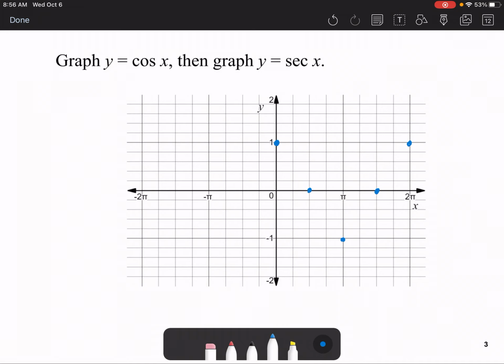Again, we copy the shape on the other side and extend it, making it look semicircular in nature. So make sure you're drawing curves here, not straight lines. This blue function that I've drawn here is y equals cosine of x. Again, it looks very similar to what you've seen before.